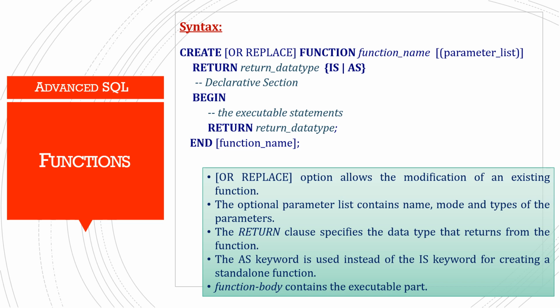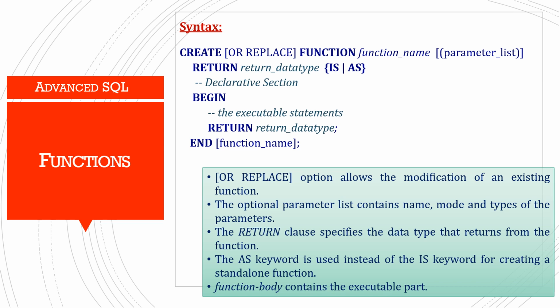Then the executable section is between the BEGIN and END keywords, and it is where we place the executable statements. At the end of the executable statements, a return statement should be there. Okay, the exception handling section is where we put the exception handler code. Okay, of these three sections, only the executable section is mandatory, the others are optional.